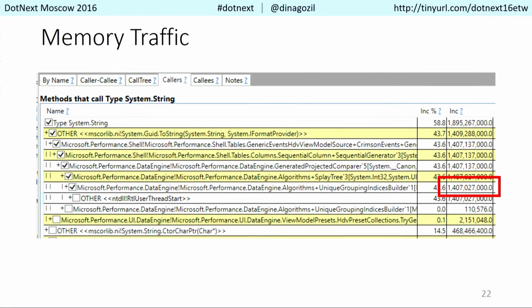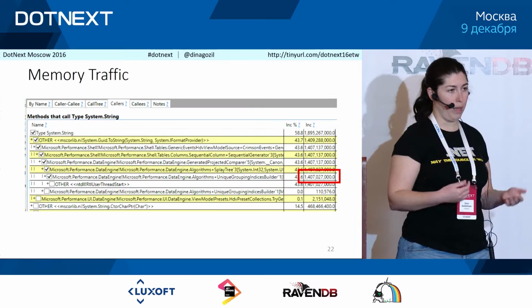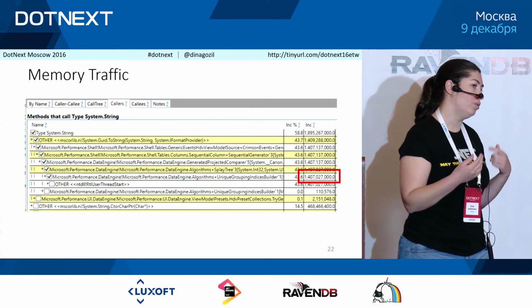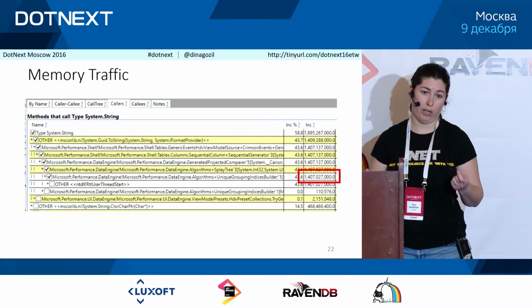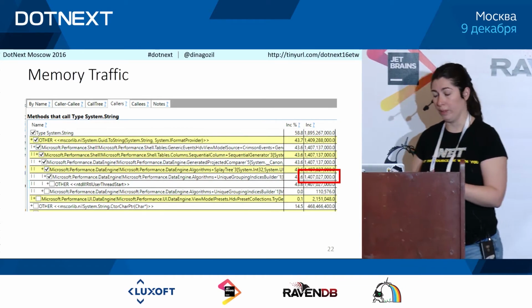And in this specific case, it's a screenshot of a certain WPF application, which managed to allocate 1.5 gigs of strings in some indexing function. Maybe it's okay, maybe not. Oh, I didn't develop that application. But as a developer, if I did develop this application, this can be very useful information for me when I'm trying to diagnose or analyze the performance of the memory allocation in the application.